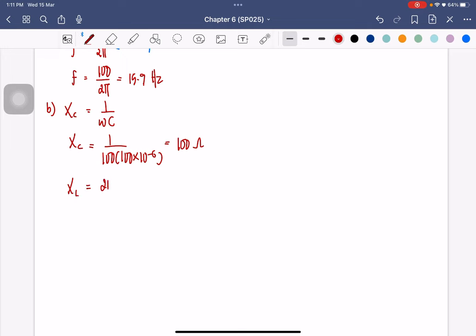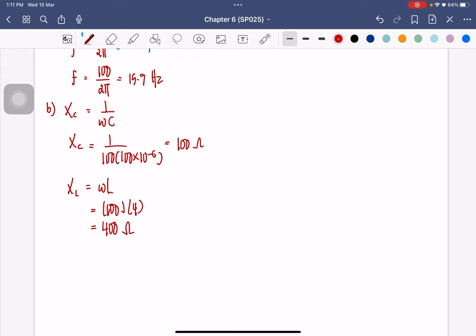XL pula, it's just 2 pi F L. So 2 pi F is omega, so omega L lah basically. So this is 100 pi, and then L is given as berapa tu L tadi? 4 Henry. So this is equal to 400 ohm.